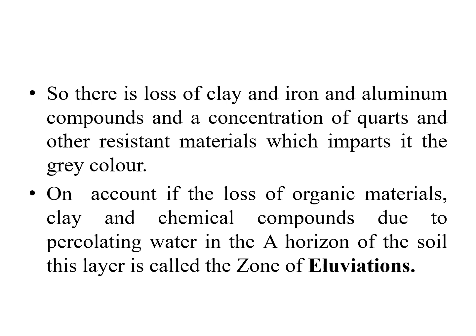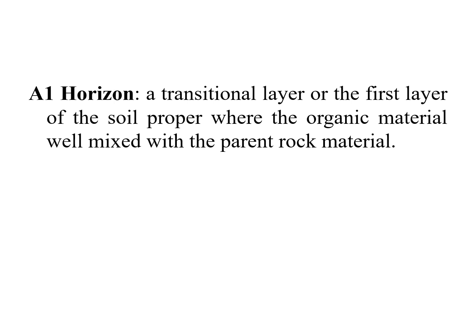On account of the loss of organic materials, clay and chemical components due to percolating water in the upper horizon of the soil, this layer is called the zone of eluviation. So what is the A1 horizon? A transitional layer or the first layer of the soil proper where the organic material is well mixed with the parent material.